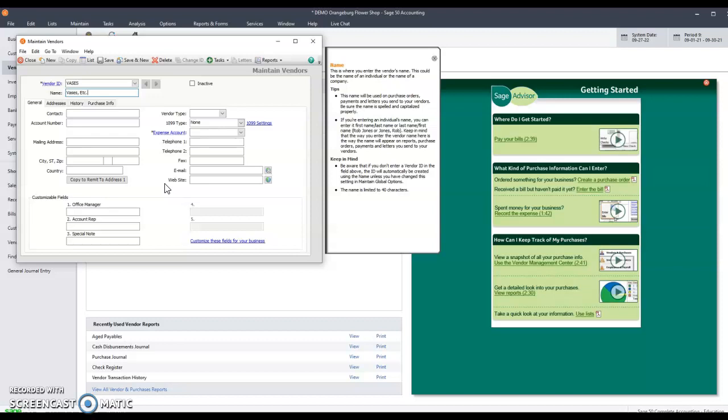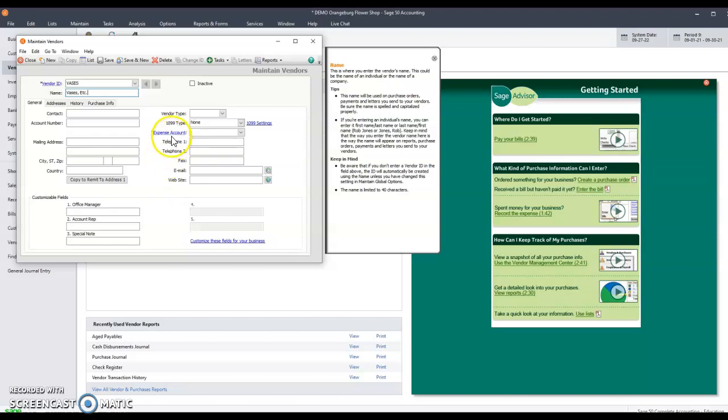If this were a perpetual inventory system, then we would need to debit inventory every time we purchase inventory from Vases, etc. But in this case, Orangeburg Flower Shop is a periodic system for their inventory. That means every time we purchase inventory from a vendor, we're going to debit purchases.